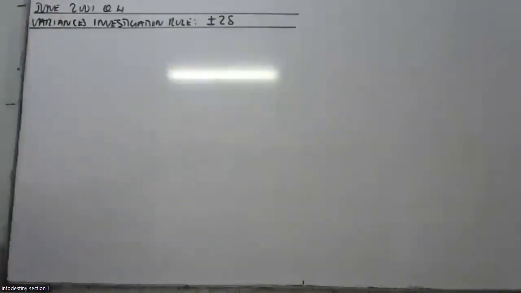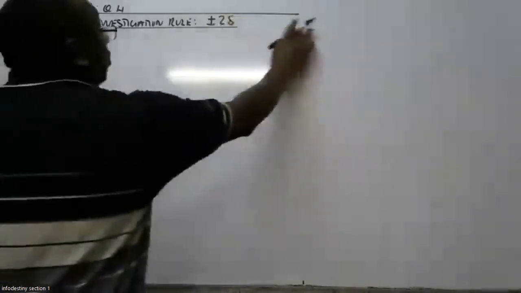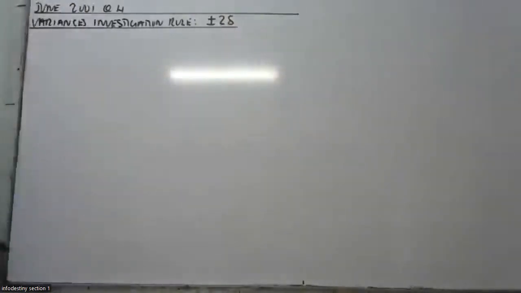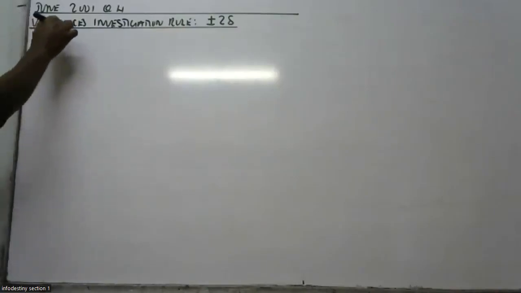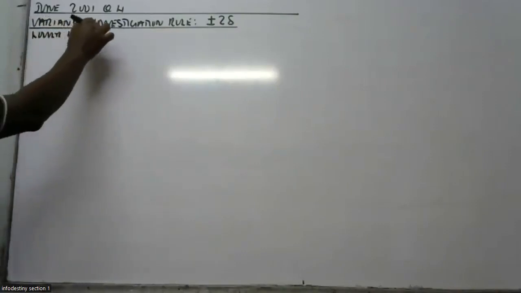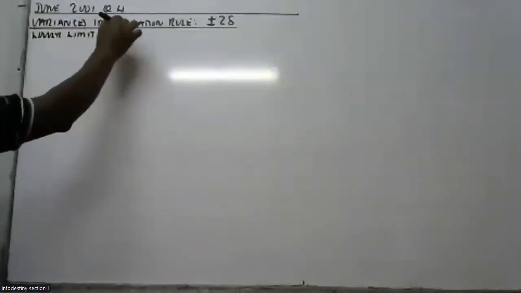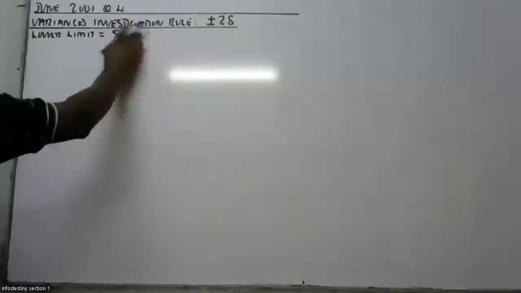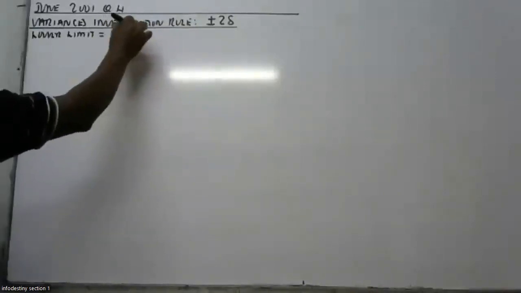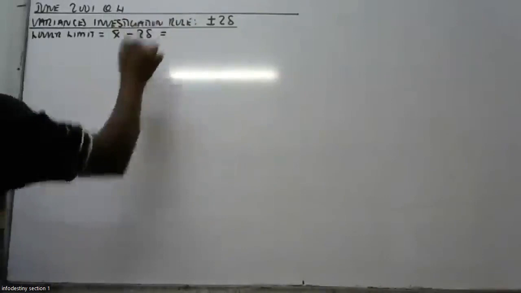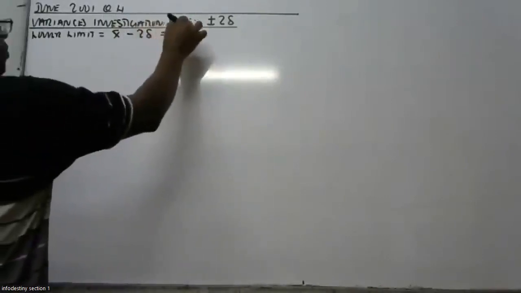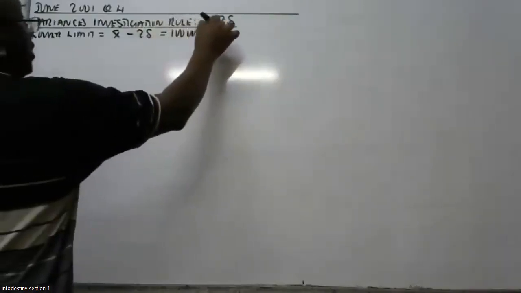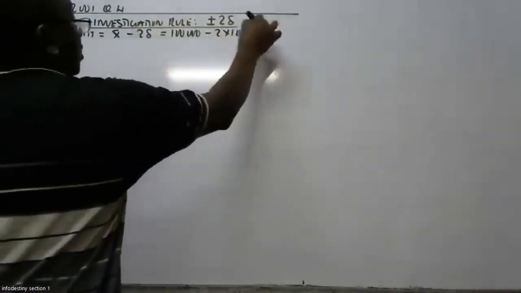Now this rule creates what we call the upper limit and the lower limit. So for the lower limit, it is x bar minus 2 standard deviations. So the mean is 100,000 and the standard deviation is 10,000.